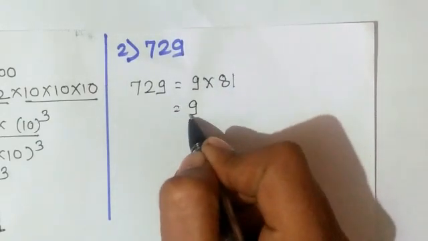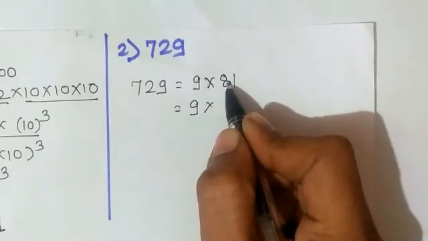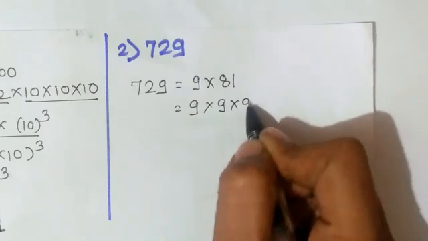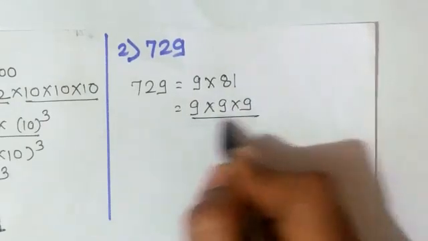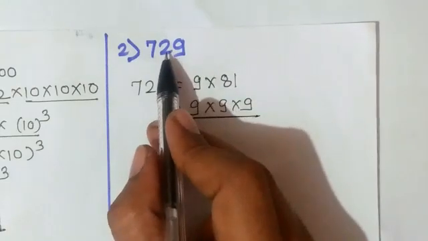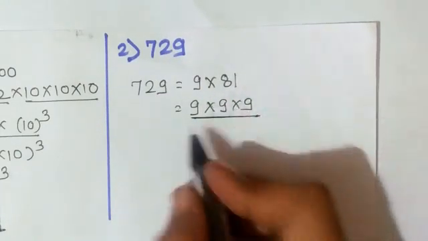Now here we are going to repeat this 9 again. And 81 is the square of 9, it means 9 9s are 81. So here we will get three 9s, it means it is a cube root of 9. But how will we write it?